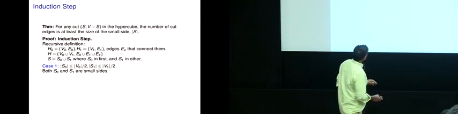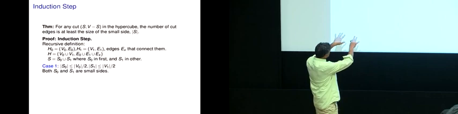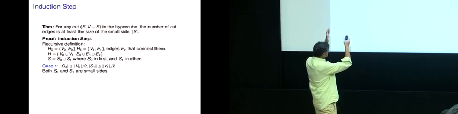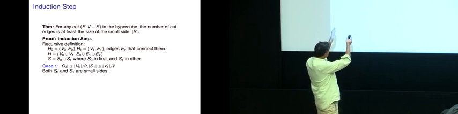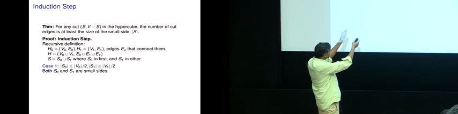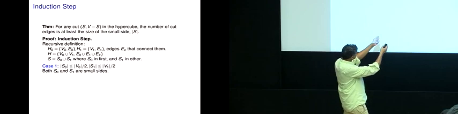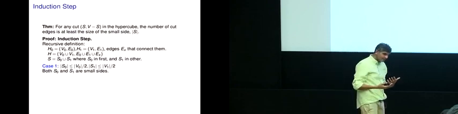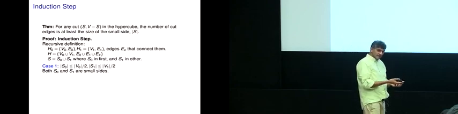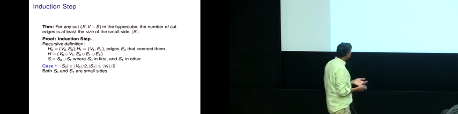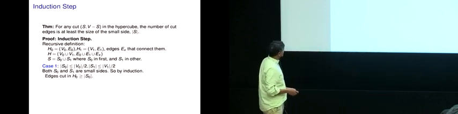Case 1: we take the size of S0 to be less than half the vertices in hypercube 0, and the size of S1 less than half the vertices in hypercube 1. So then we could just apply induction.